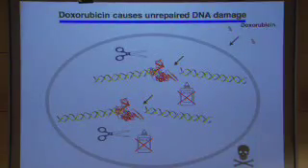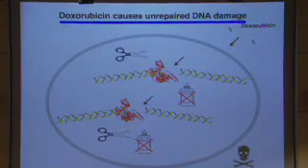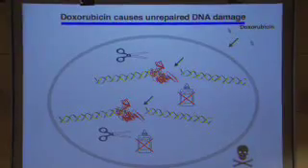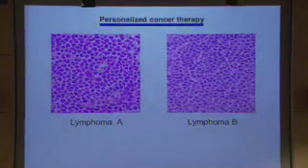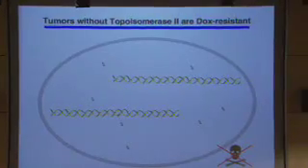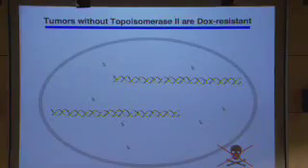So it's a topoisomerase 2 poison that makes a good enzyme a bad enzyme. And so the net effect of this is that cells that actually don't have topoisomerase 2 are resistant to doxorubicin, because doxorubicin can no longer bind this enzyme and promote lots and lots of DNA damage.